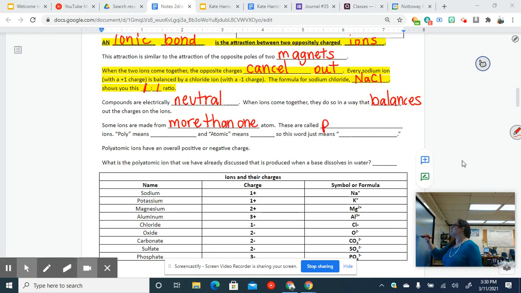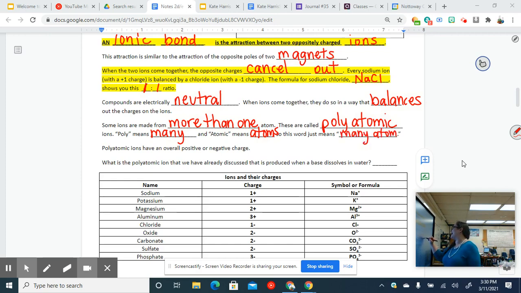These are called polyatomic ions. Poly, like polygon, meaning many-sided. Poly just means many, and atomic means atoms. So polyatomic just means many atoms.